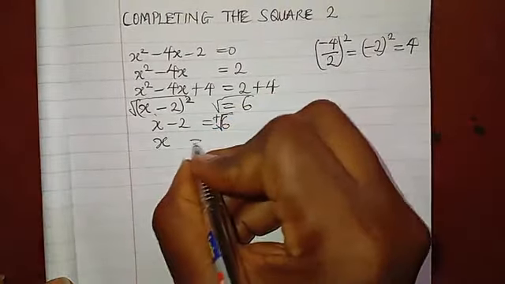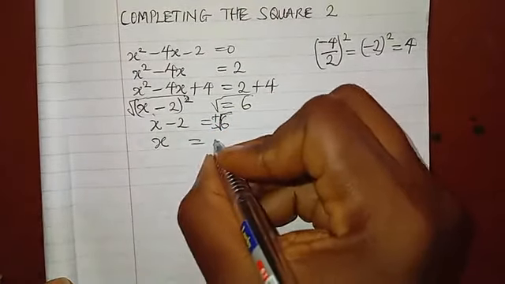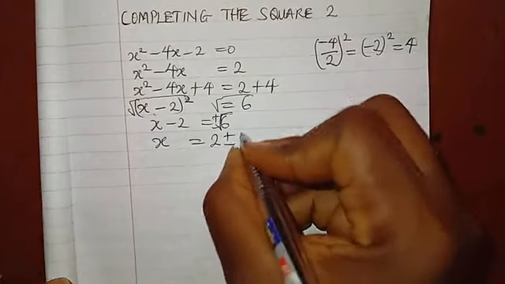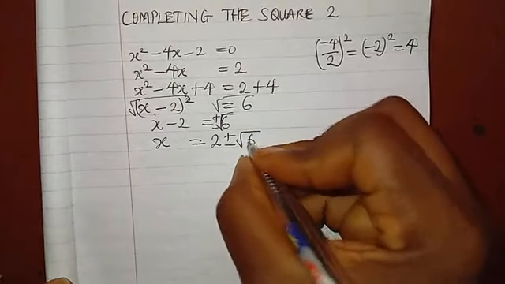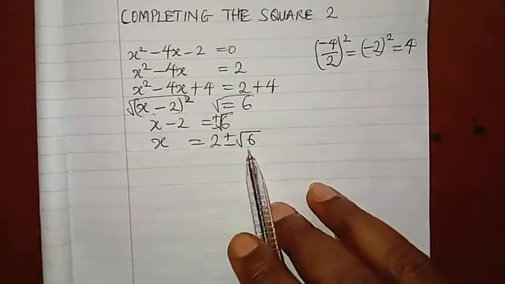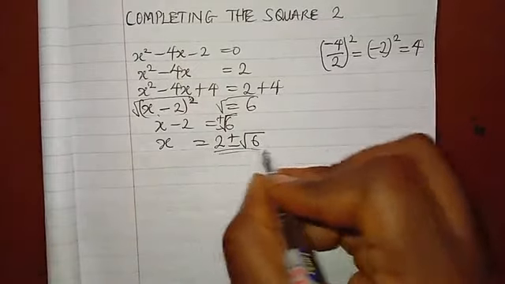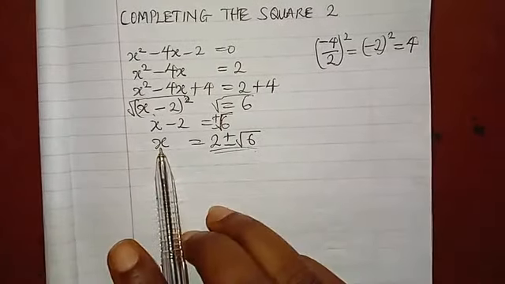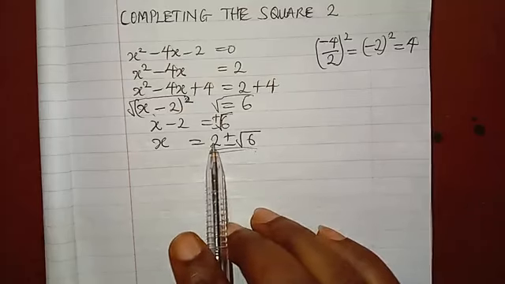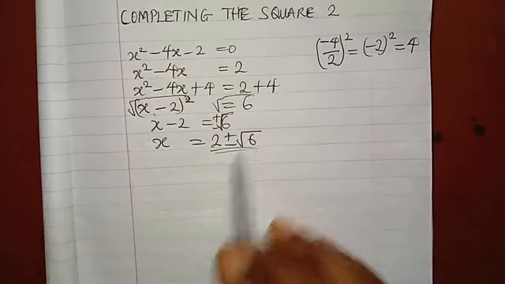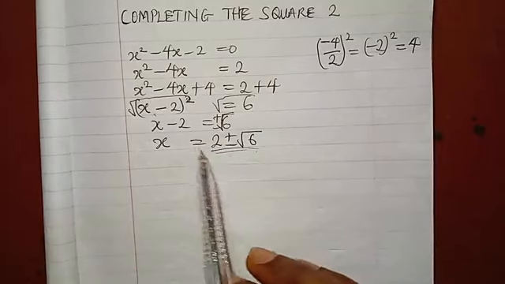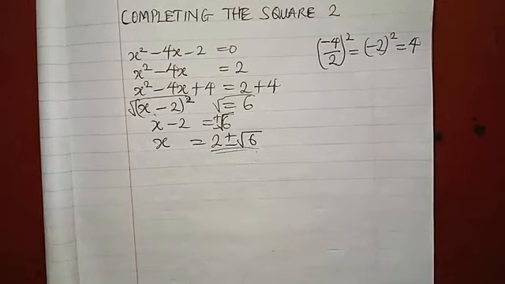So x is equal to minus 2 comes over to become a positive 2 plus or minus the square root of 6. And this root 6 is not a whole number, so we are going to leave our answers like this, that x is equal to 2 plus root 6 or 2 minus root 6. That is what we can say as x is equal to 2 plus or minus root 6.